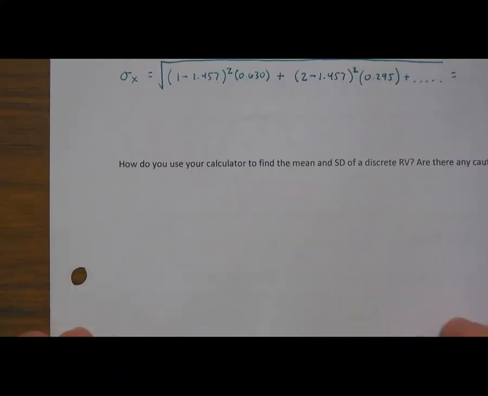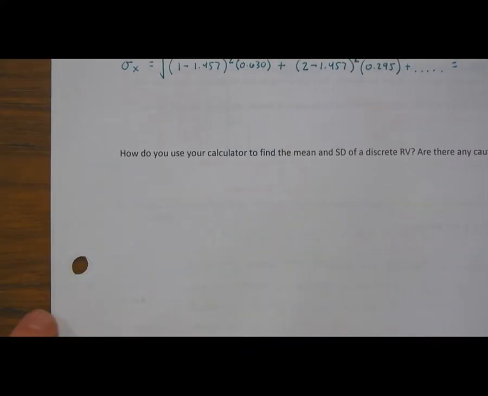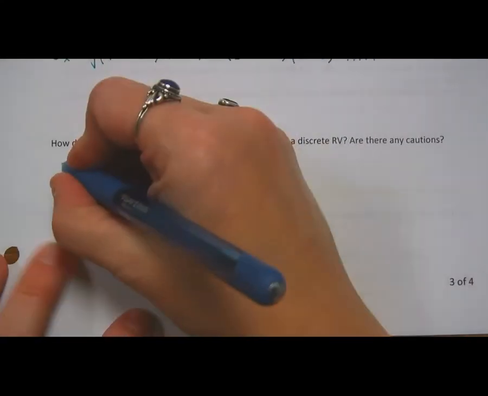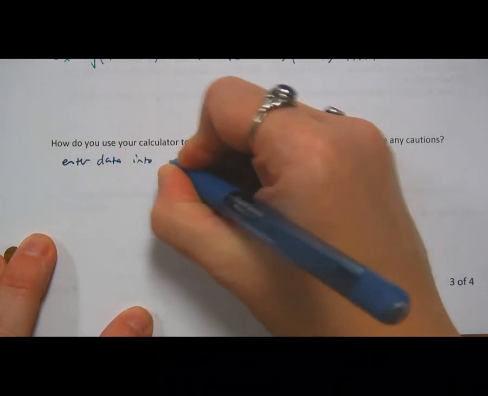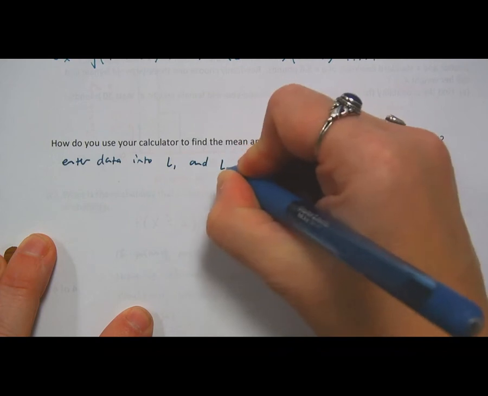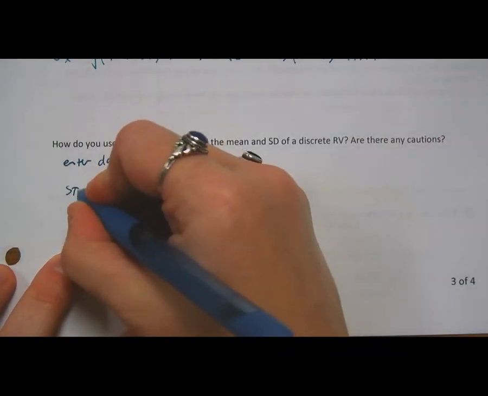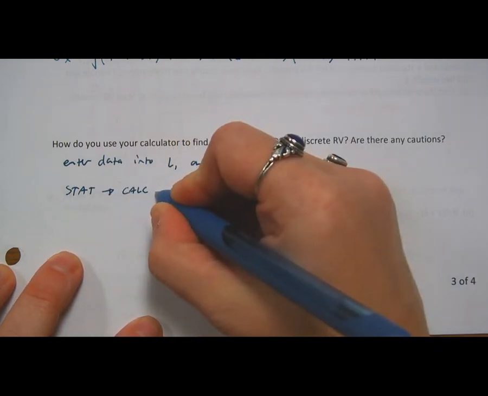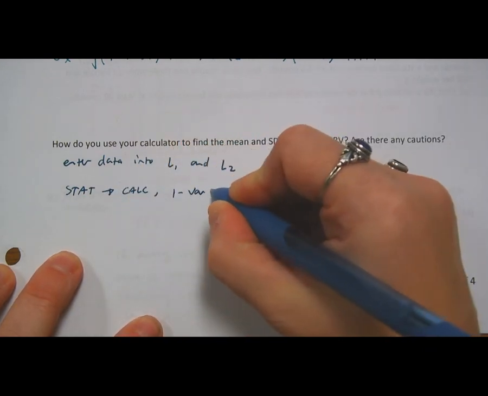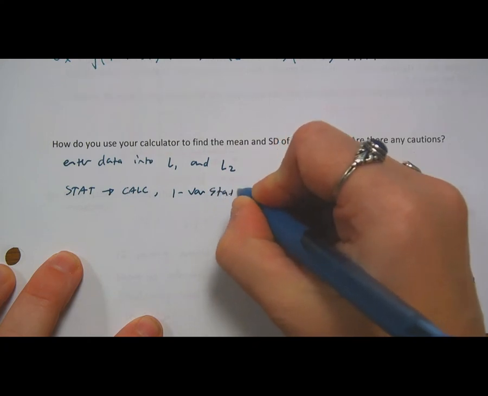How do you use your calculator to find the mean and standard deviation? Okay, thank goodness we get to use a calculator to do this. You're going to enter your data into list 1 and list 2, and then you're going to hit stat. You're going to go to calc, and you're going to do 1-Var Stats.